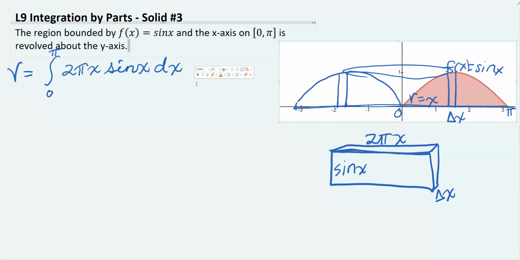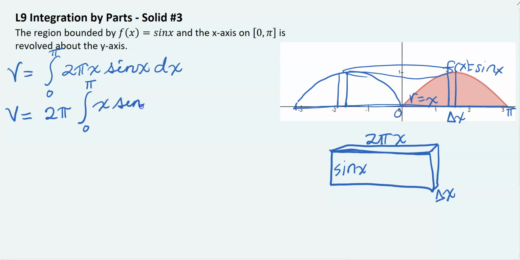Okay, now when we take the integral of this, we want to go ahead and factor out the constant 2 pi, integral from 0 to pi of x sine x dx, and this calls for integration by parts, right?